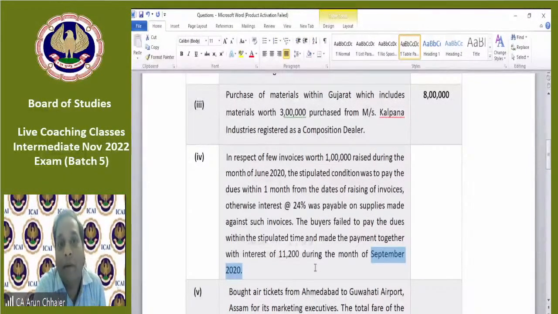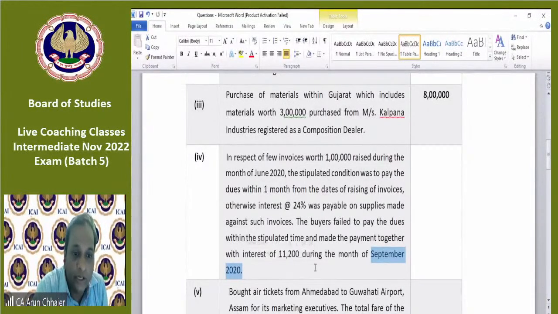If there is an interest, penalty, or fee for delayed payment of any consideration, then the time of supply is when such addition in the value is being received. Interest is to be included in the value under 15 subsection 2, and it is taxable on an actual basis when I am receiving it. So in this case, the time of the supply would be September, not June.